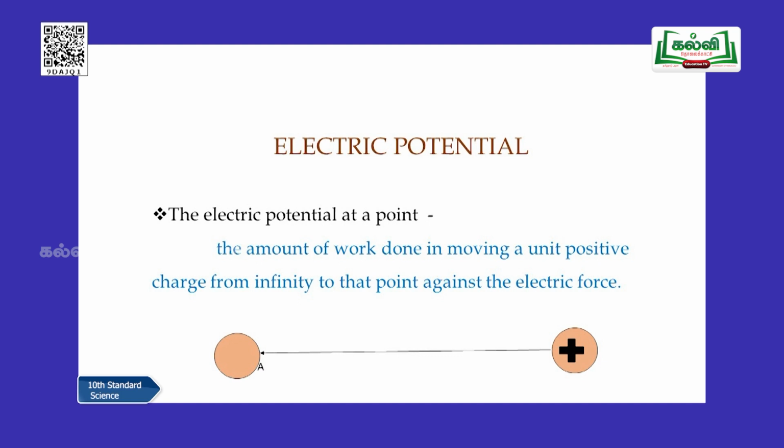That means the positive charge is brought from right to left, towards A. At that time you do work, and that amount of work done is known as the electric potential at a point.